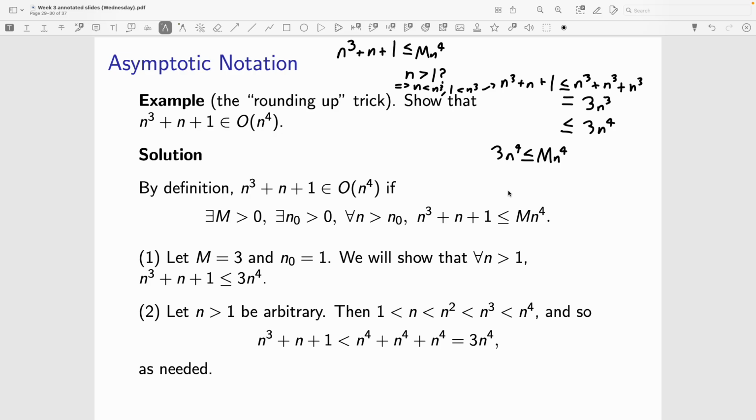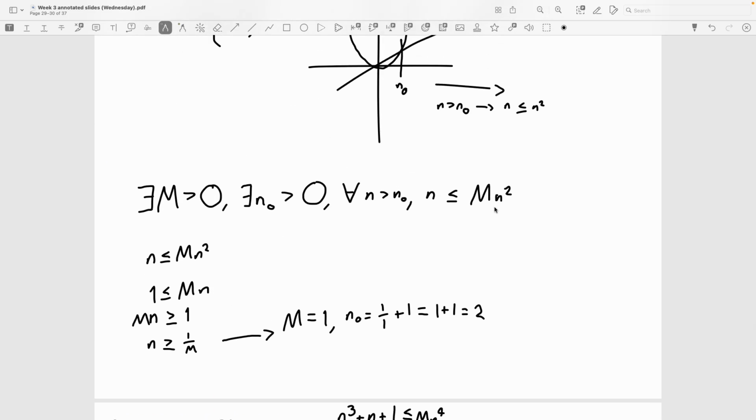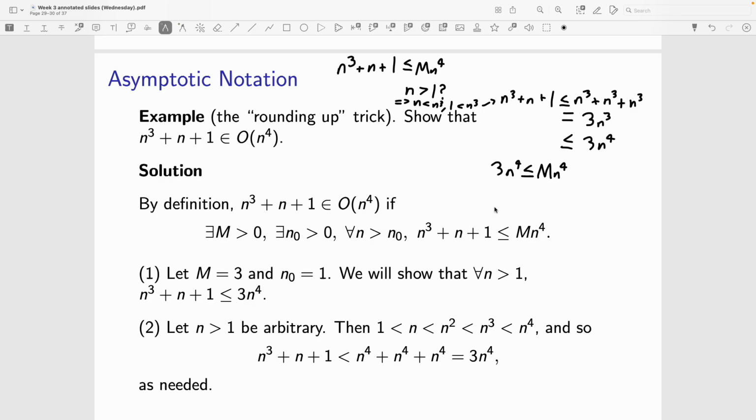So now we have the simplest thing of all, because we can completely eliminate n to the 4 from this inequality, and that'll let us solve for m. And I think this is a better technique to do in general, just to find a specific value for m for proofs like these, because I kind of got lucky earlier in this example when I was able to find something that would work for all m.